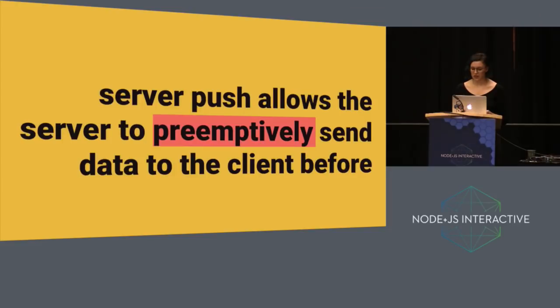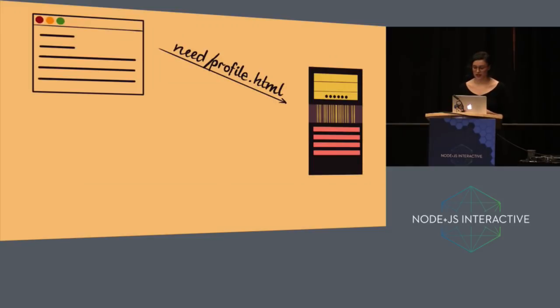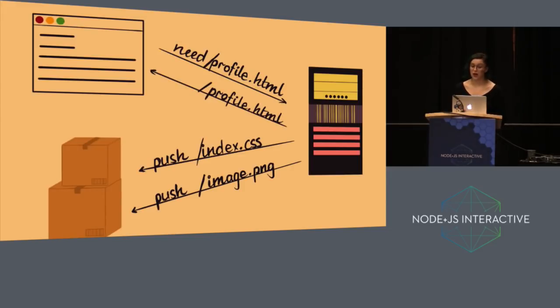But with HTTP2, you're able to preemptively push information to the client before it needs it. So it happens ahead of time, and every time you make an initial request, the server can say that with that initial request, not only will you need the information you're asking for, I know ahead of time that you're also going to need some other things.